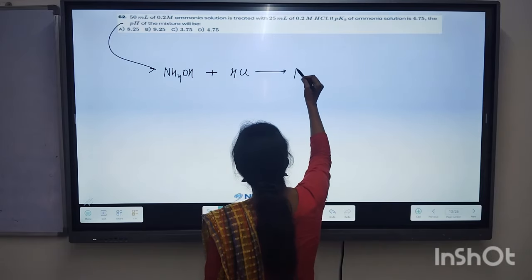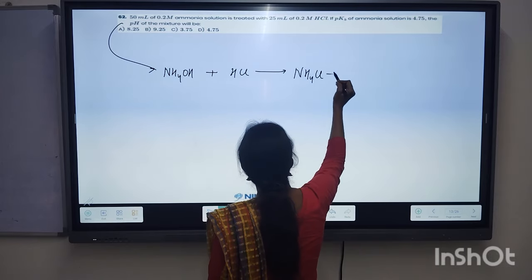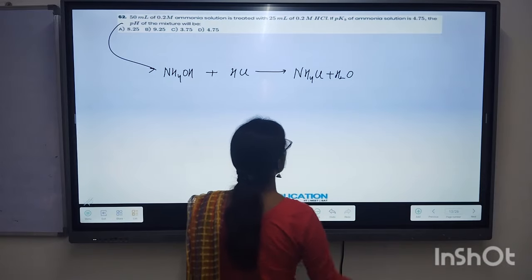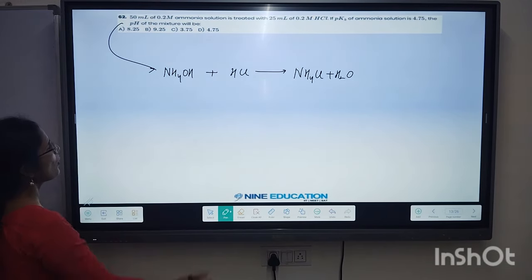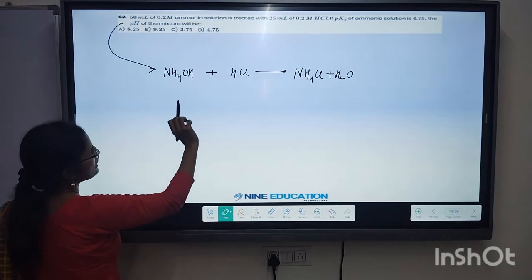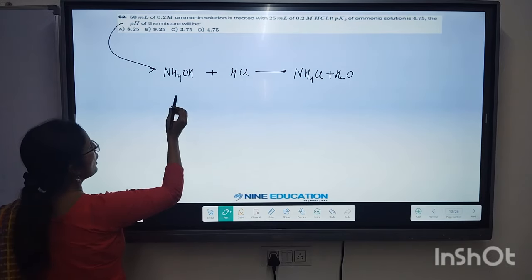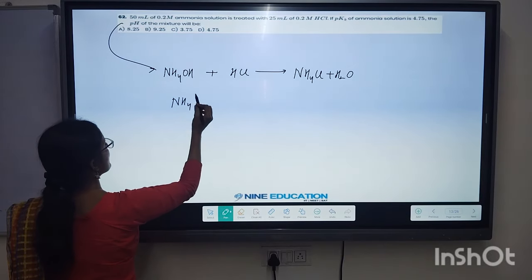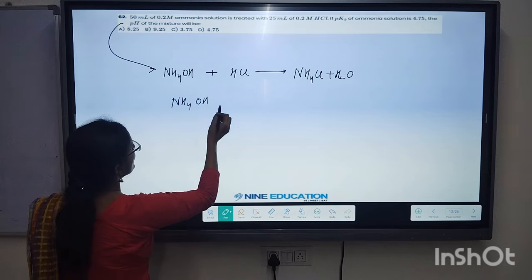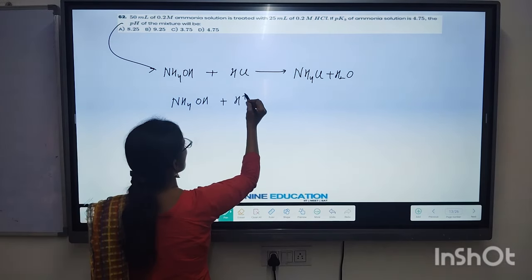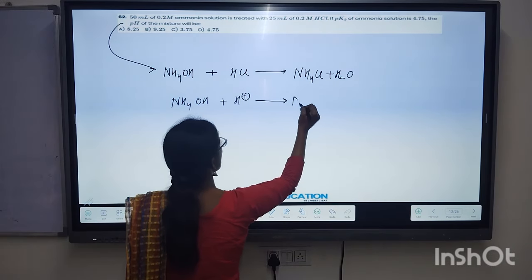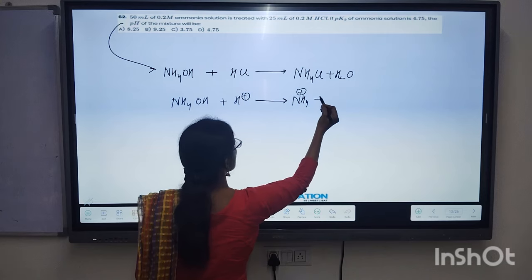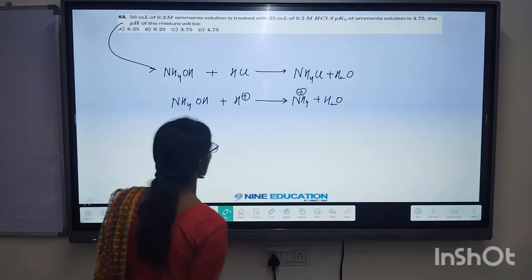When these both react, they give us NH4Cl and water. Also, Cl negative is just a spectator ion, so if we write the reactive species, it will be NH4OH reacting with H plus coming from the HCl, giving us NH4 positive and water.